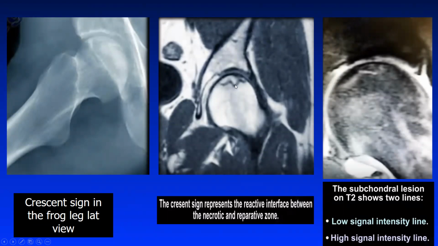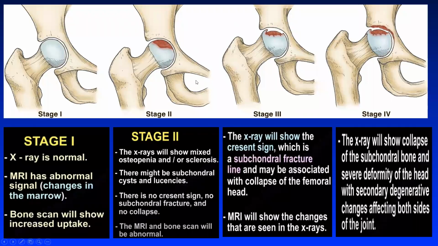But here is the MRI, the T2 MRI. You can see the low signal and the high signal intensity line with the crescent sign. Of course, if you pick this up early, the regular plain X-ray will be normal, but MRI will show increased marrow edema that can pick up this diagnosis early.